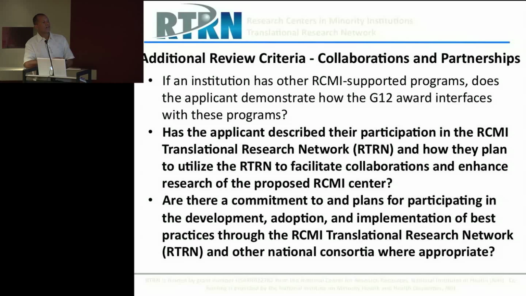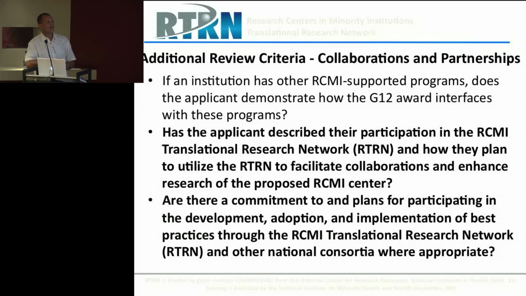If the institution has other RCMI-supported programs, does the applicant demonstrate how the G12 award interfaces with these programs? So particularly the SEPA program, the CRECD training program, the clinical and translational research program. So they're going to look at that first, but then they'll look at other NIH-funded programs second.